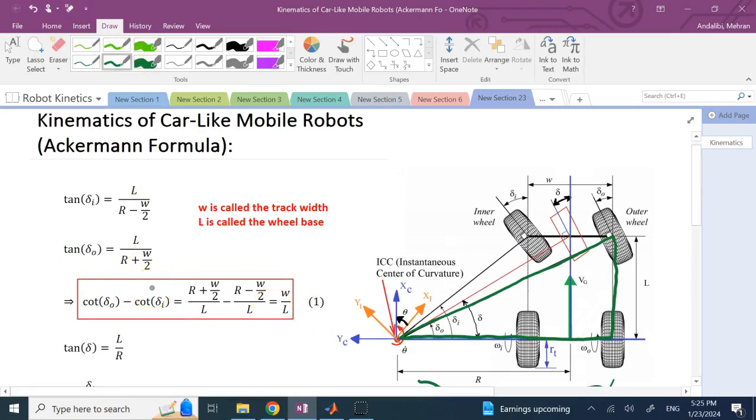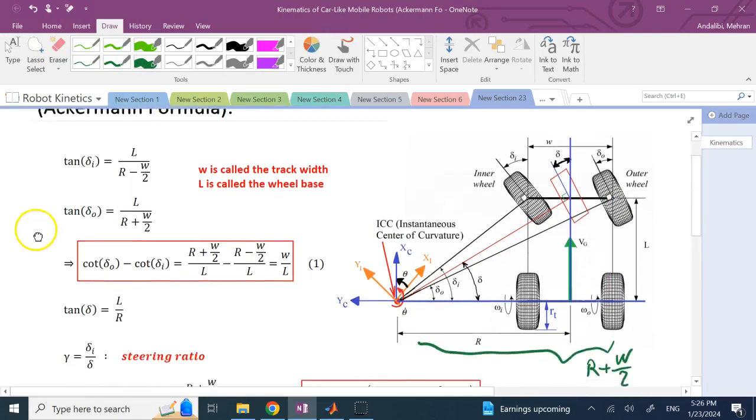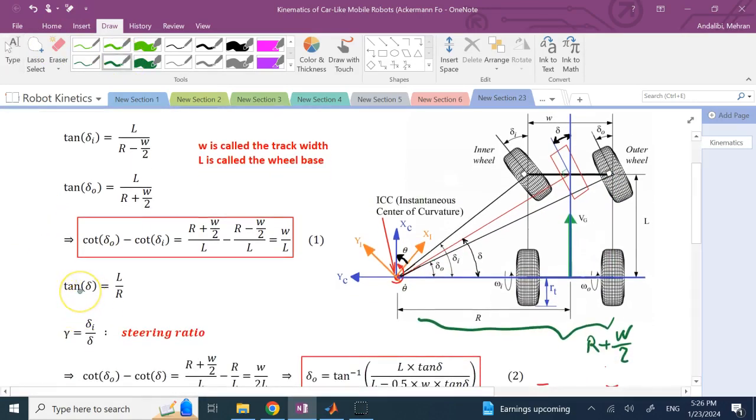So this is the major one, but there are other formulas that we need to derive and discuss. What about the command? How much steering do we need to have? For that, we look at this middle triangle.